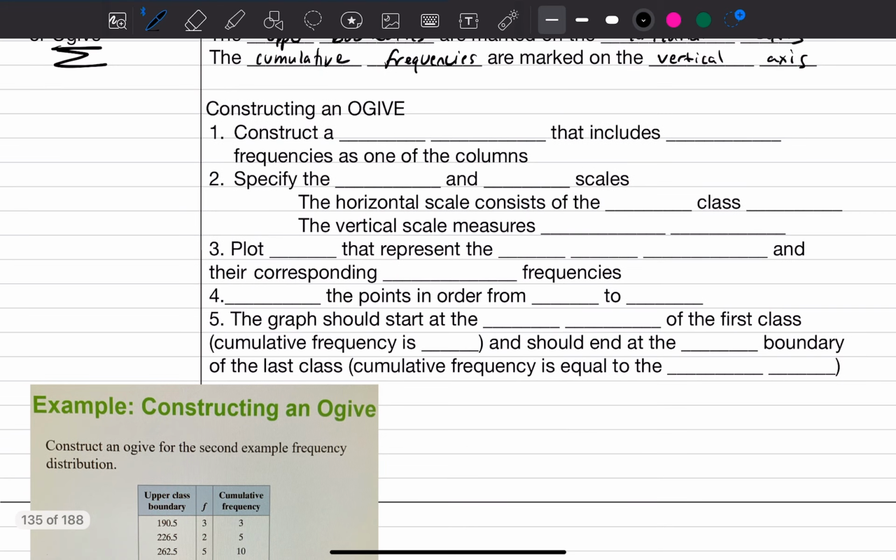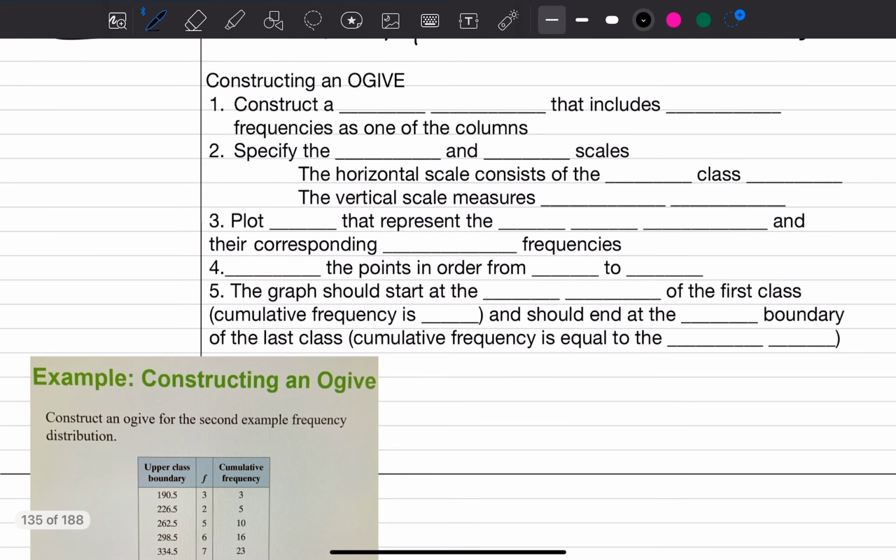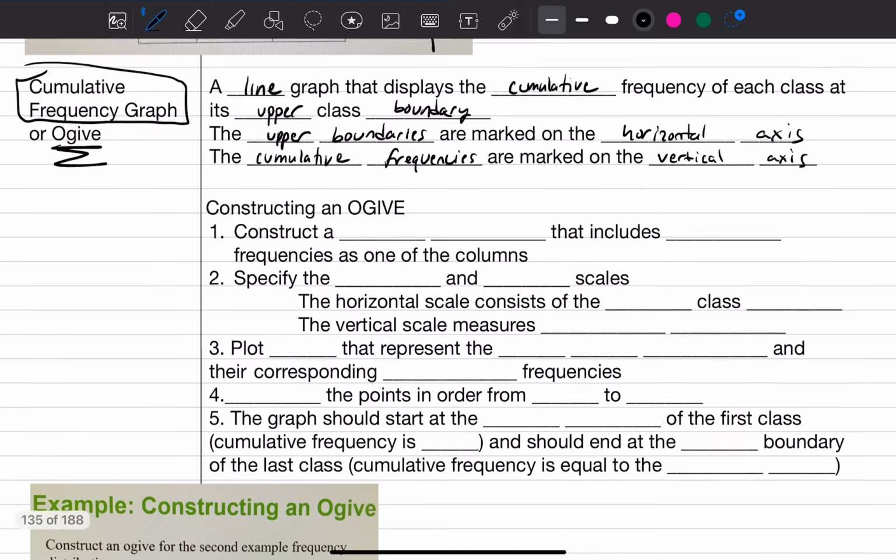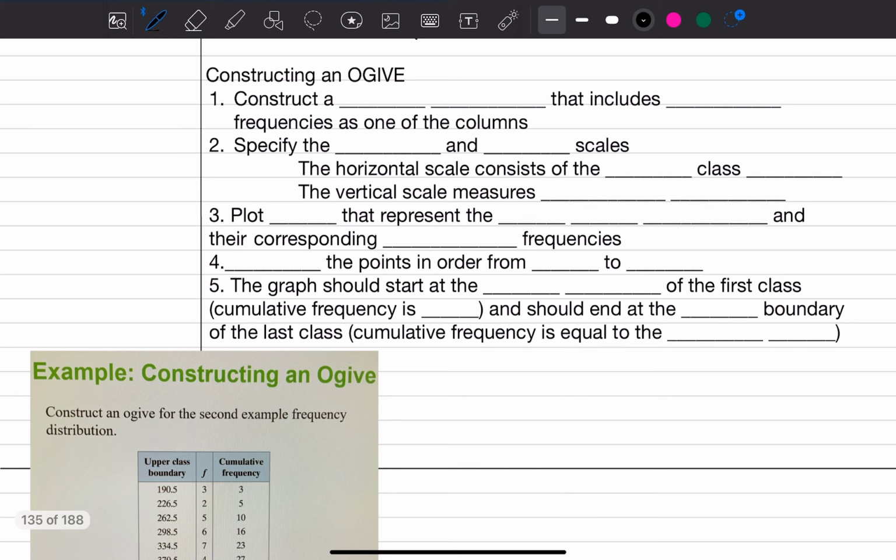So here are the steps to making an OGIV, or a cumulative frequency graph. Construct a frequency distribution. So this is one of these tables that we're making, right? So make a table, but you want to make sure that the table includes cumulative frequencies in one of your columns, because obviously we're going to need them.